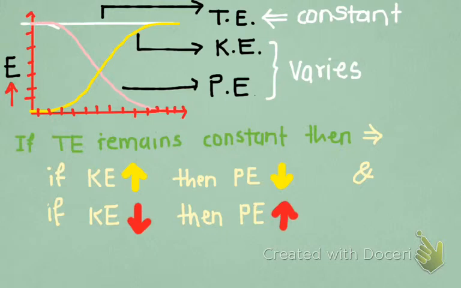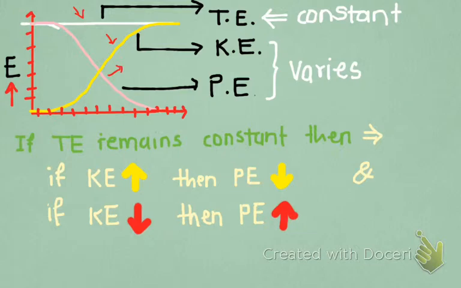Here is the graphical representation of energies. This curve represents the white line as the total energy, the yellow line as the kinetic energy, and the pale red color is for potential energy.